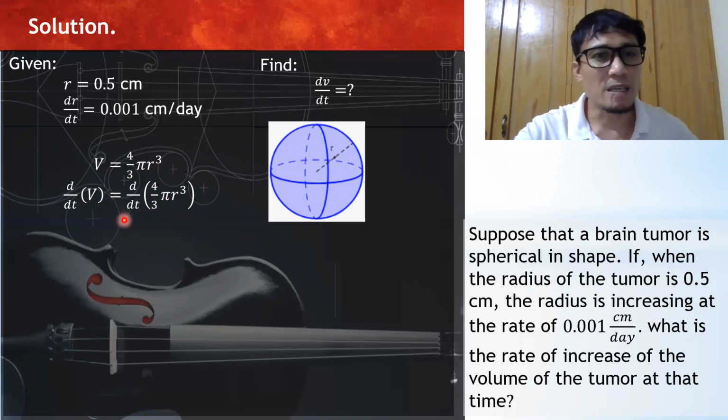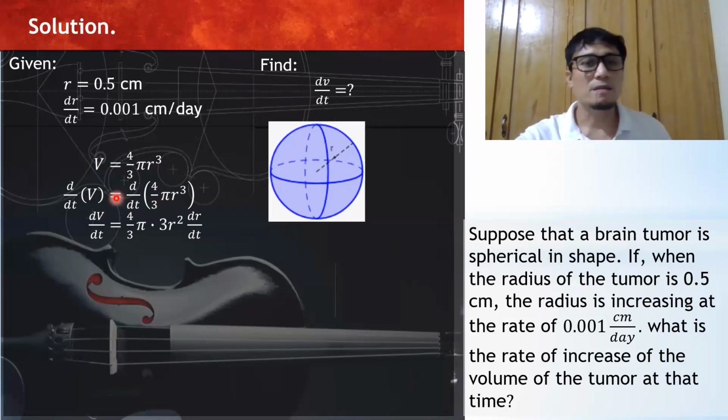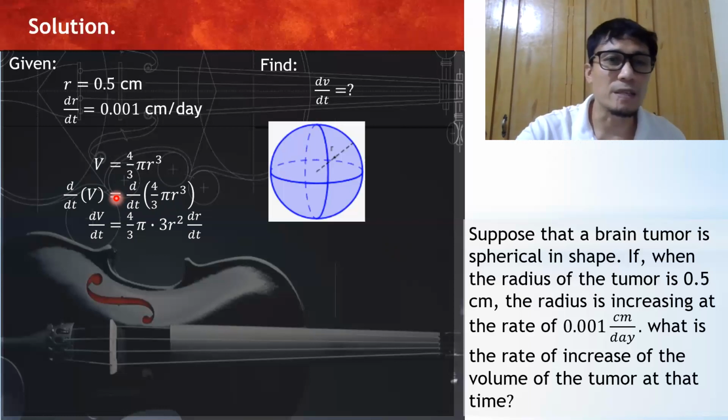Applying the chain rule or implicit differentiation, the derivative with respect to time of V is, of course, dV/dt, while 4/3 pi is a constant, so we can write this outside of the operator. Then you are left with the derivative of r cubed with respect to time.